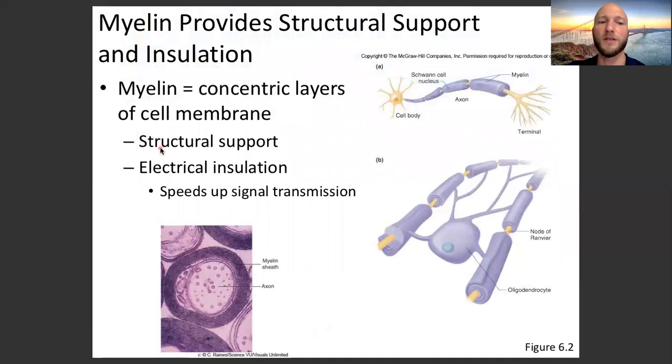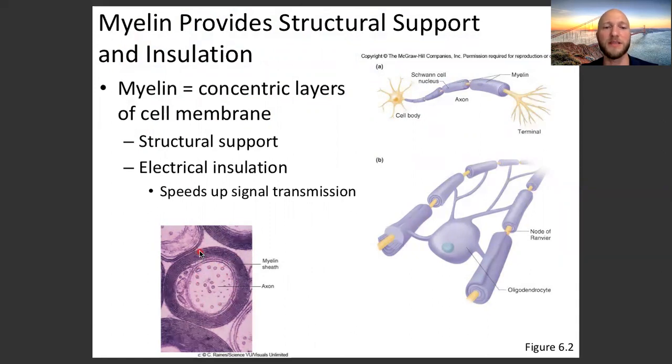So myelin, what is myelin? If I say it's so important, and if myelin is formed improperly, you have diseased states. Well, myelin is actually concentric layers of cell membrane. If you look at this microscope photo here, you can see the axon in the middle, and it looks like an onion.